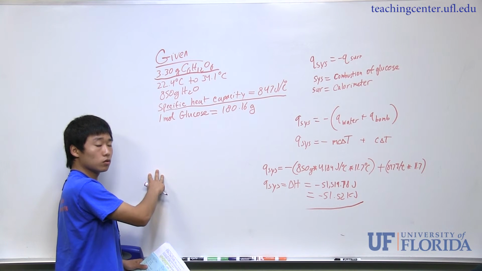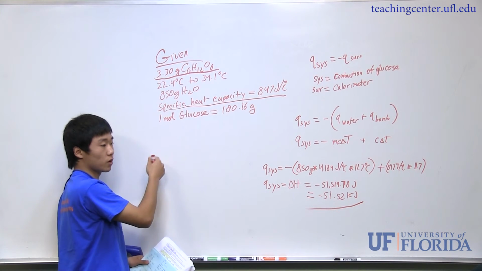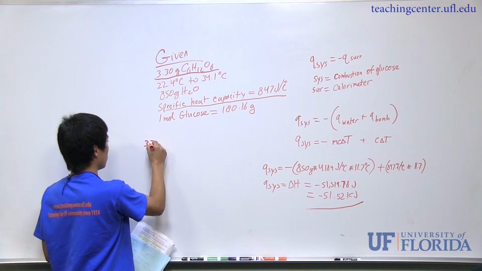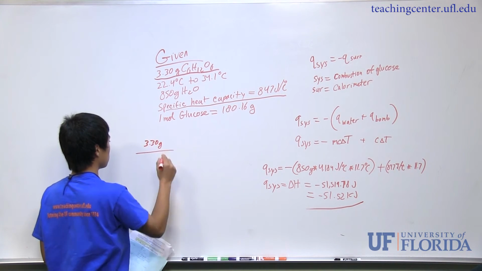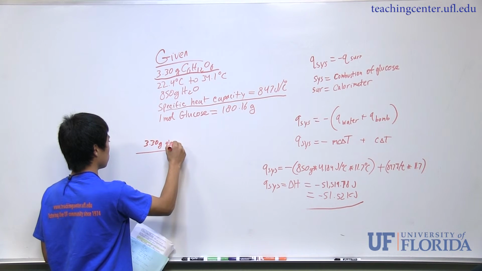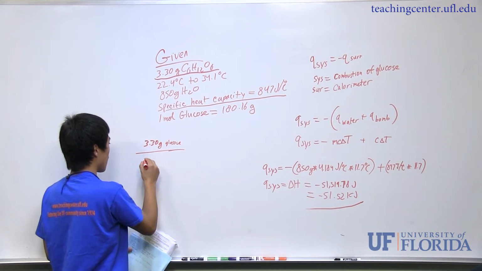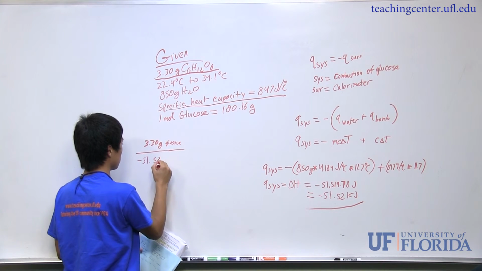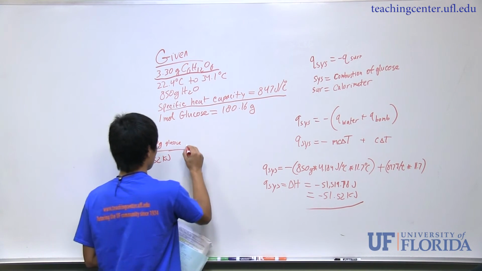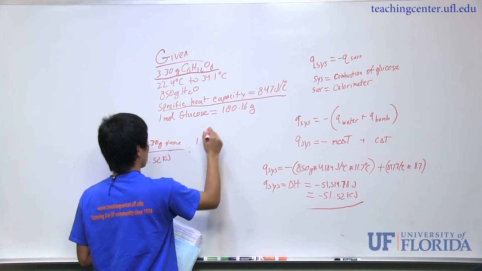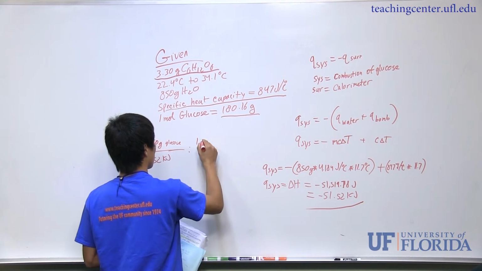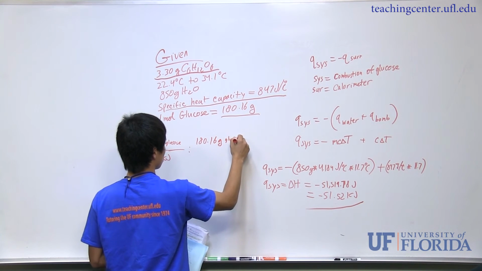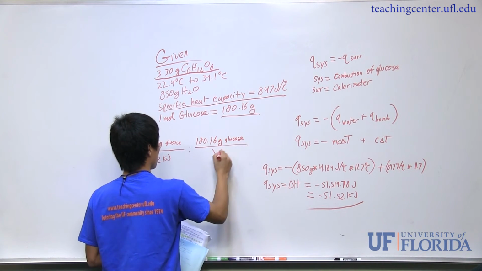You can flip it, but either way, for every 3.3 grams of glucose, I am given negative 51.52 kilojoules of heat. And they gave us the molar mass, so for 180.16 grams of glucose, there's going to be X.